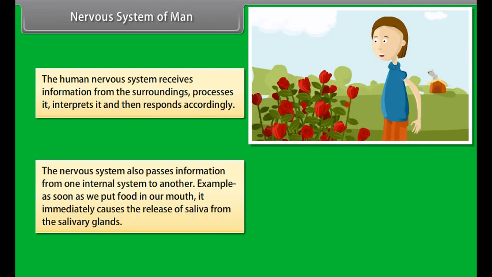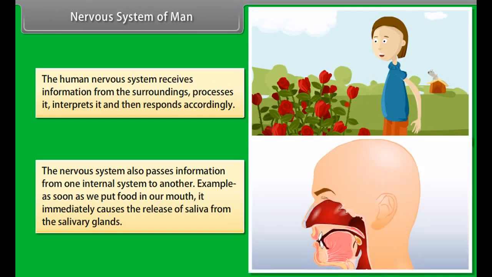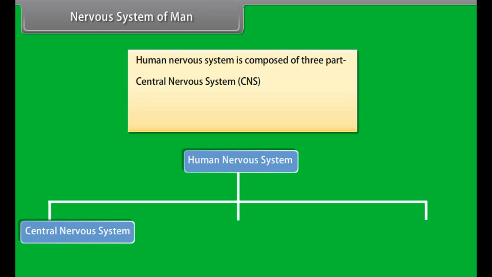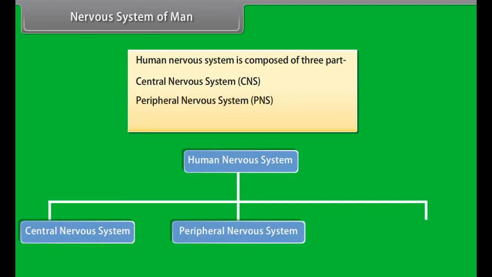The human nervous system receives information from the surroundings, processes it, interprets it, and then responds accordingly. The nervous system also passes information from one internal system to another. For example, as soon as we put food in our mouth, it immediately causes the release of saliva from the salivary gland.